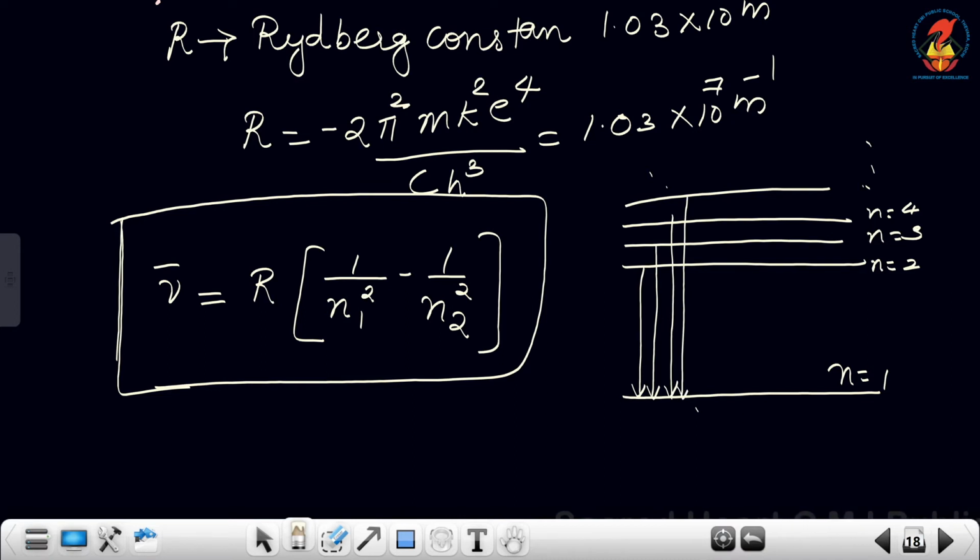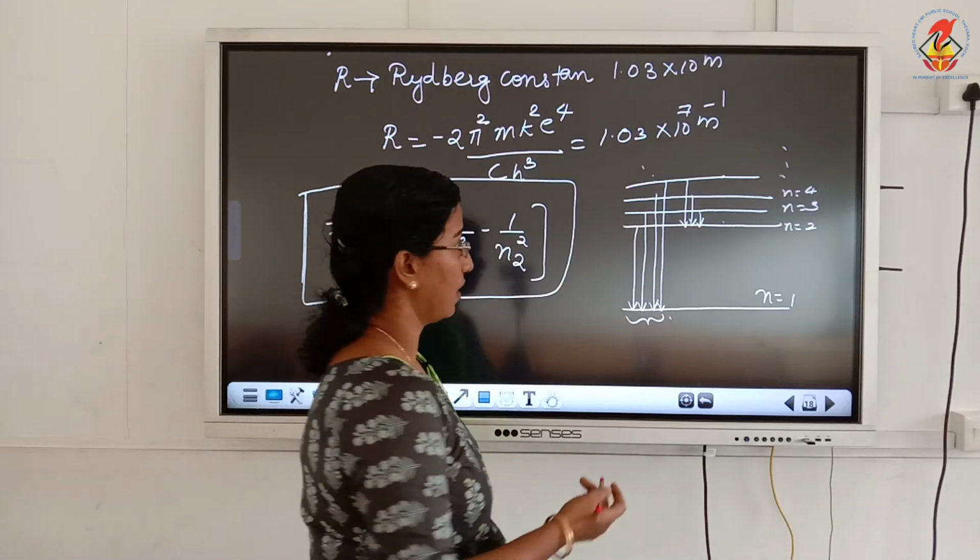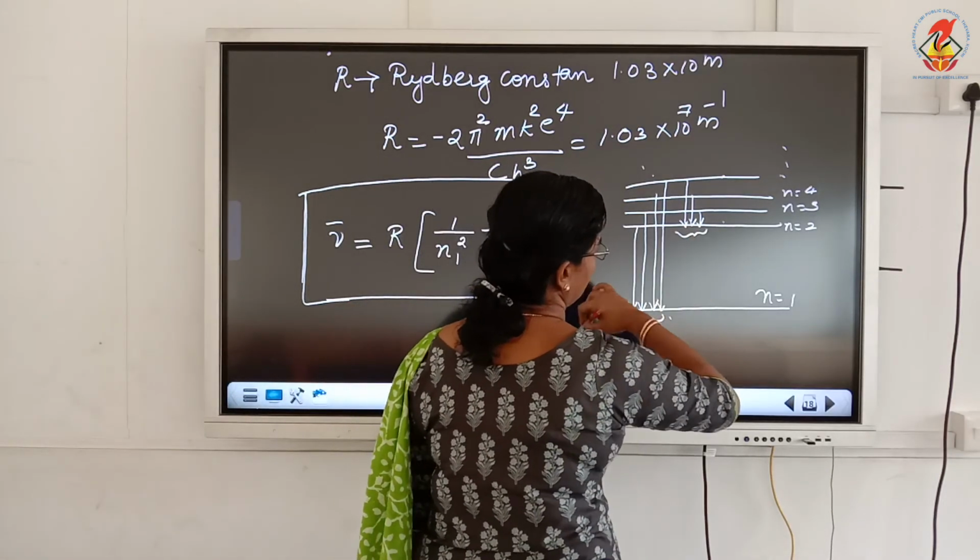Similarly, if the excited electrons from a higher state jump to the second energy state, then it is known by the name Balmer series, etc. So let us study which are these set of spectral lines, or the light emitted, known by the name Lyman series. Similarly, this set of lines is known by the name Balmer series, etc.